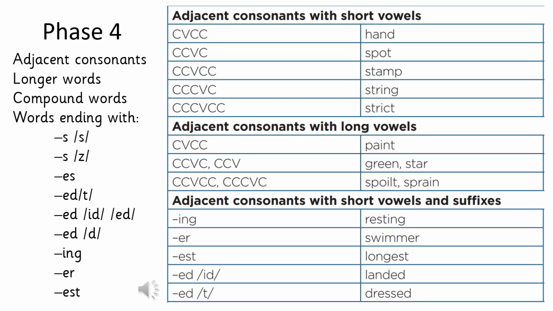Within phase 4, sometimes children do struggle to pronounce words with adjacent consonants, such as SPR in spring and STR in strawberry. So it might be a good idea to encourage your child to pronounce these words correctly.